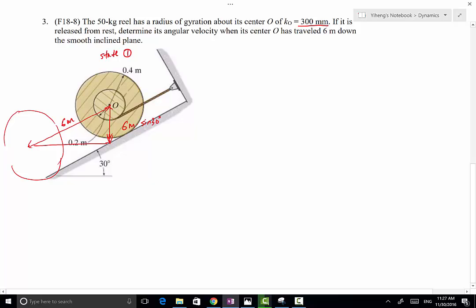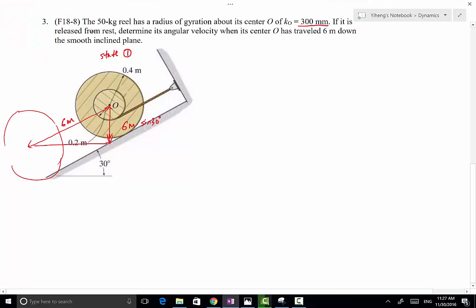And that is the displacement we're going to use to calculate the work done by its weight. And in this problem, because we do not need to consider friction, the tension force in the cable does not have any displacement, therefore it does not do any work. The normal force never does any work. Therefore, weight force is the only one that does work.